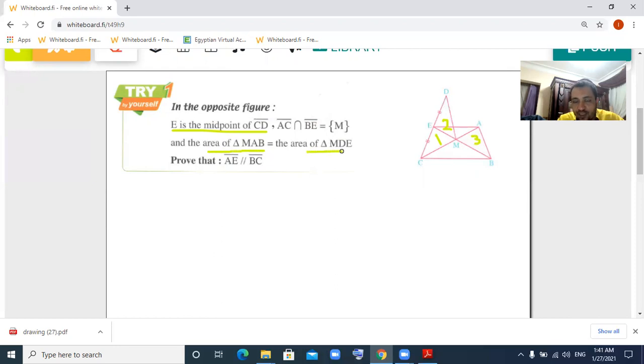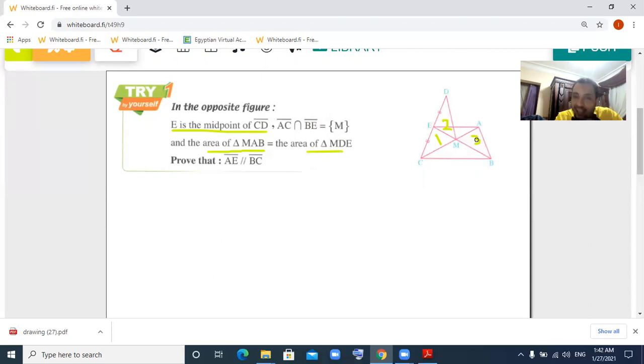So I have now that the area of number 1 is equal to the area of number 2 by the median. The area of number 2 is equal to the area of number 3 by the given. So 1 is equal to 2, and 2 is equal to 3. From the two pieces of information, we can deduce that the area of triangle number 1 is equal to the area of triangle number 3. They are like the wings of a butterfly.